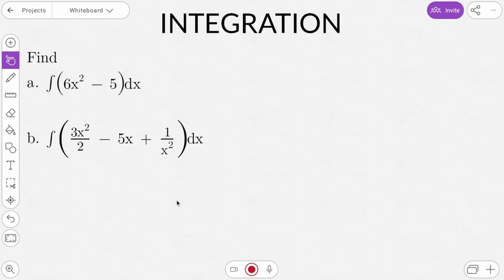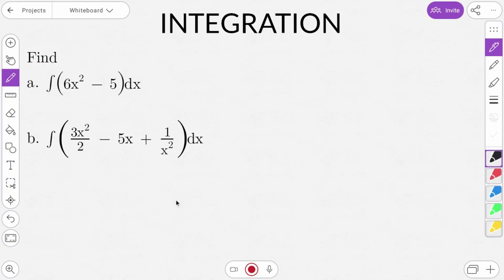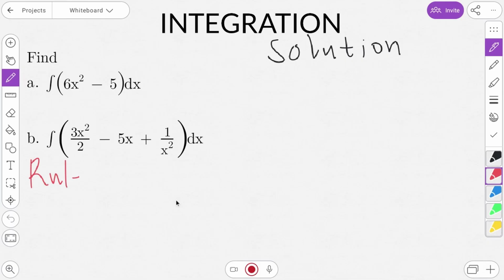So what I'll do is rewrite the questions again. So let me underline the solution. So the rule for integration is what I'm writing below.